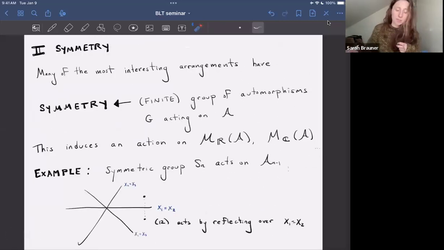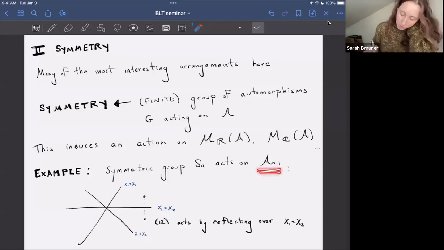Now I want to enhance our study of these rings and the corresponding hyperplane arrangements by thinking about hyperplane arrangements that have symmetry. Most of my favorite hyperplane arrangements have some form of symmetry. What I mean by that is some sort of finite group that acts on the hyperplanes, which will then induce an action on both complements. For example, the symmetric group famously acts on the braid arrangement.